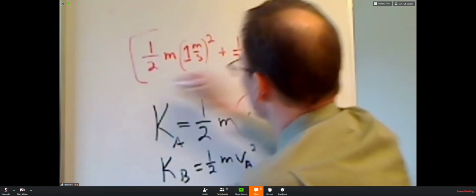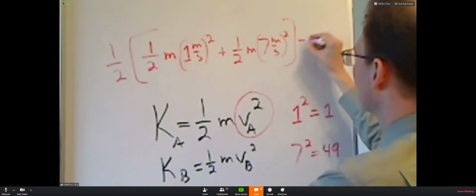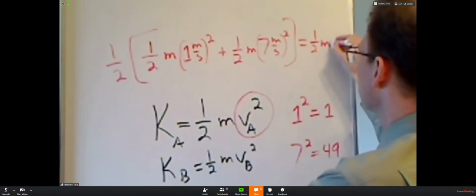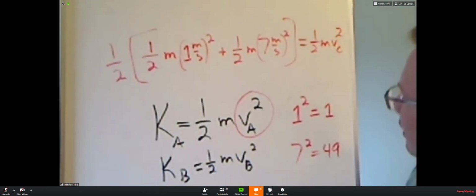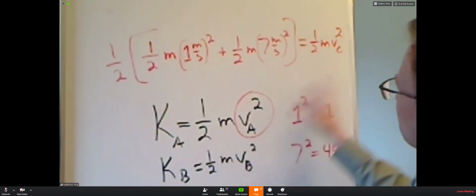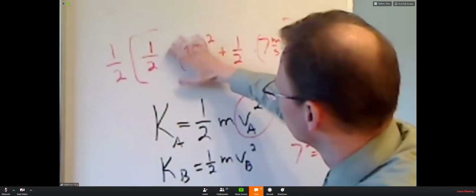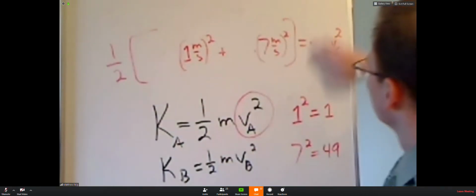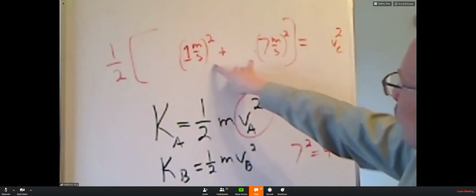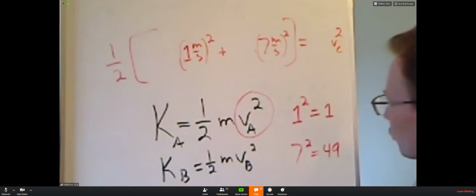If I add those and divide by 2, I want to get the kinetic energy of the third object. So you could solve that equation there and divide everything by m, and the m's are gone. Multiply everything by 2, and the 1/2s are gone. And then we're doing 1 squared plus 7 squared. Take the average, which is 25, and take the square root. So the answer is 5.